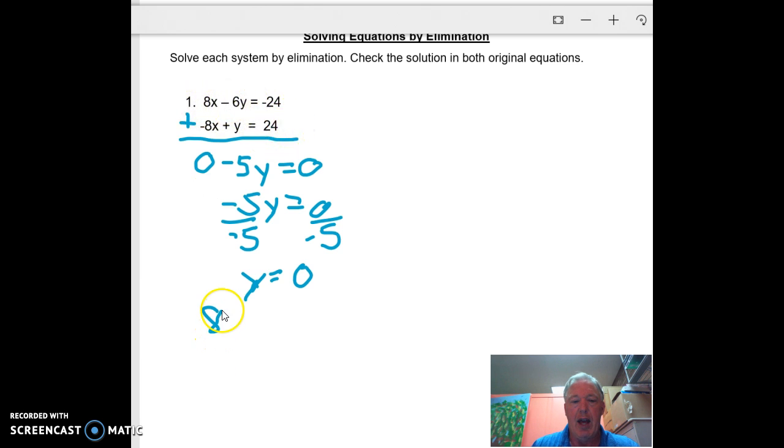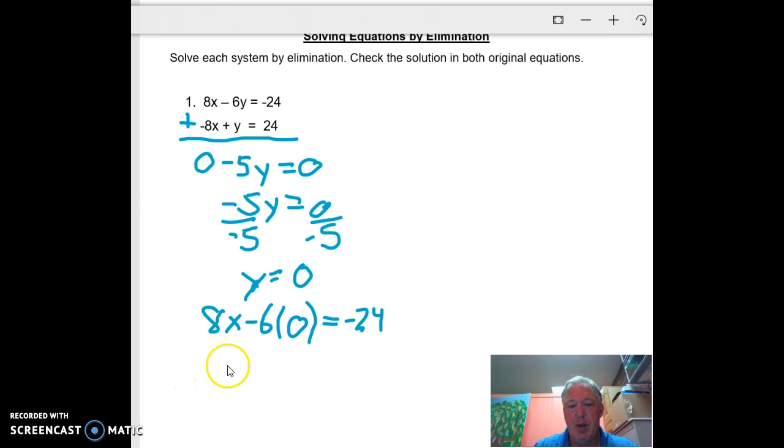So we have 8x minus 6y. But instead of putting y, I'm going to put what y is equal to. So I'm going to put negative 6 times 0. Negative 6 times y is the same as negative 6 times what y is equal to. So that's going to be equal to negative 24. Now as we look at this, negative 6 times 0 is 0.